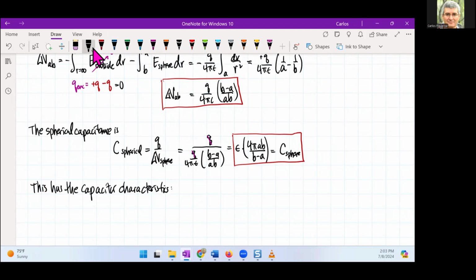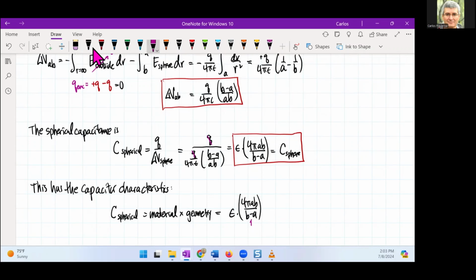What I mean by that is that when I look at the capacitance, it should be the type of material times the geometry of the spherical shape. So I'm going to get epsilon, and 4 pi AB over B minus A.